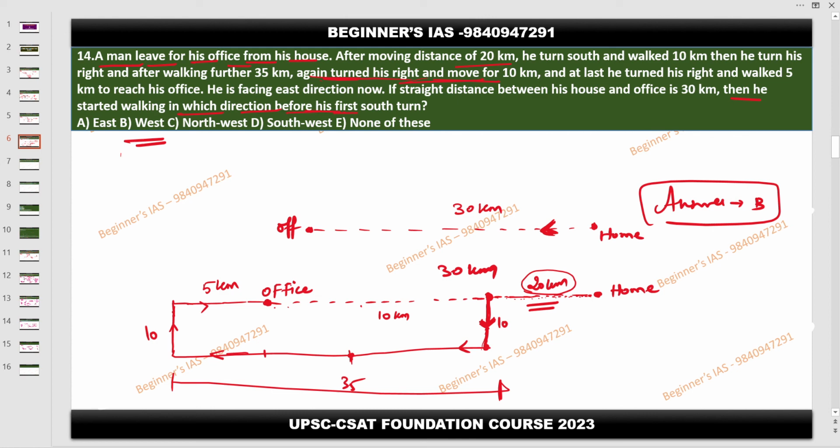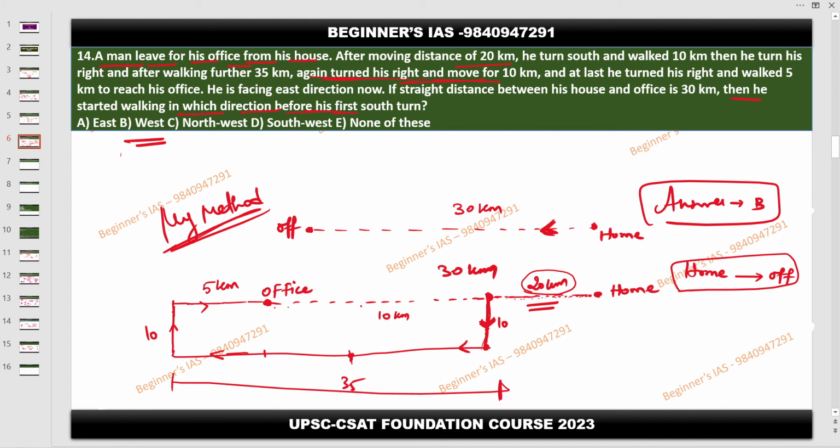Those who are done with this method, please tell me. This is home, this is office, then you people have to say. This is my method. Anybody done with the home and office method? Yes means yes, no means no.